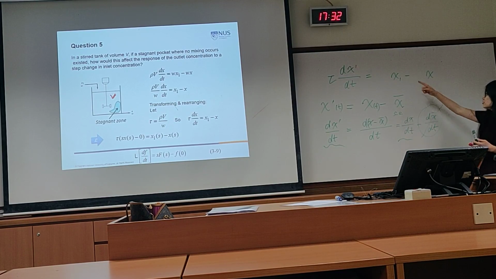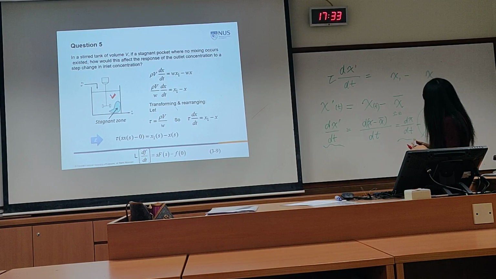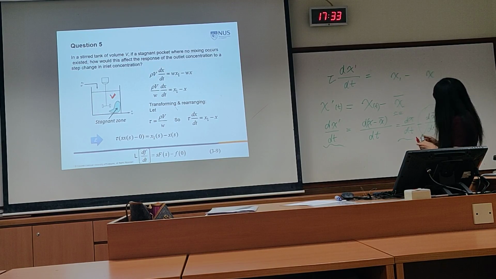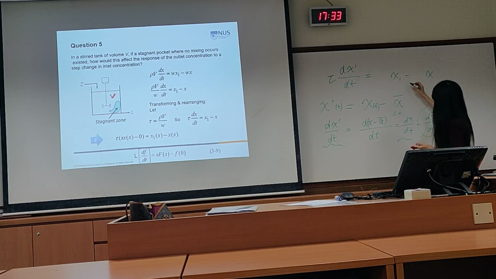Then on the right-hand side, I want to use x bar consistently, so I want to do a transformation here. You see, I have my x1 and x. If I want to follow this format, I can directly subtract one term here.